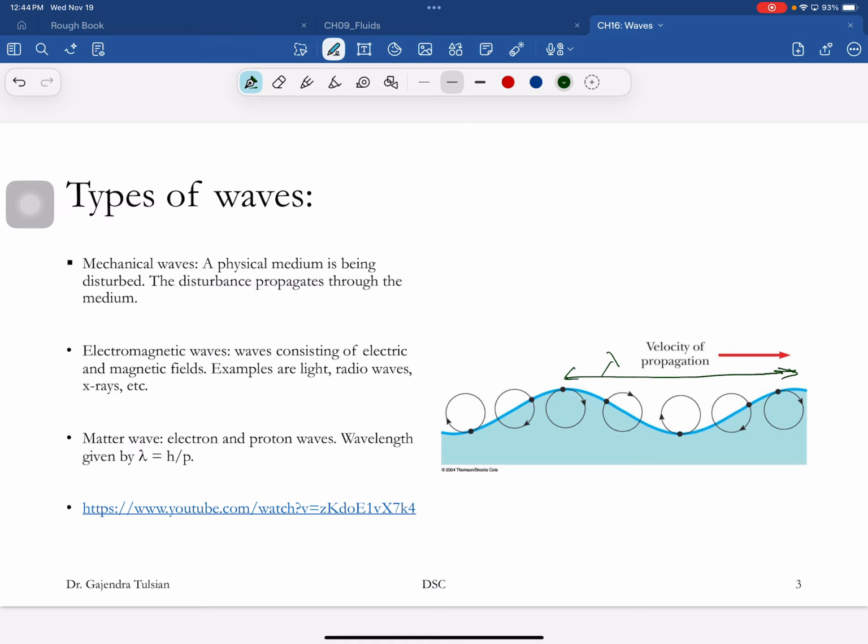Now, if I use a light of a certain wavelength, the question is, what is the smallest thing I can see with that light? It turns out that the smallest thing I can see is roughly the size of the wavelength.